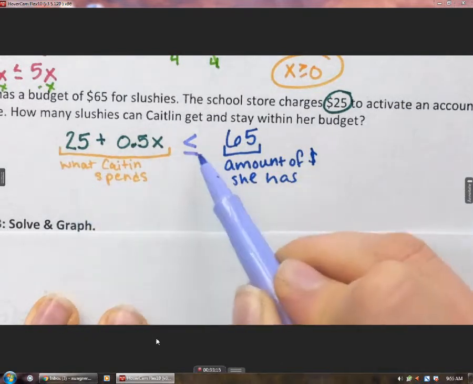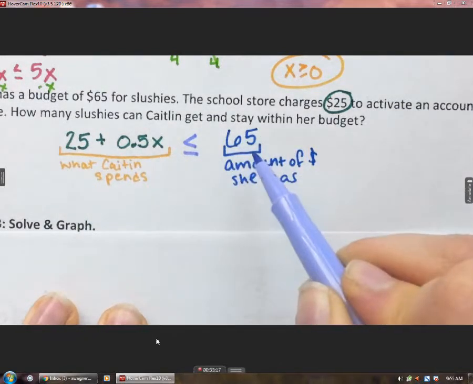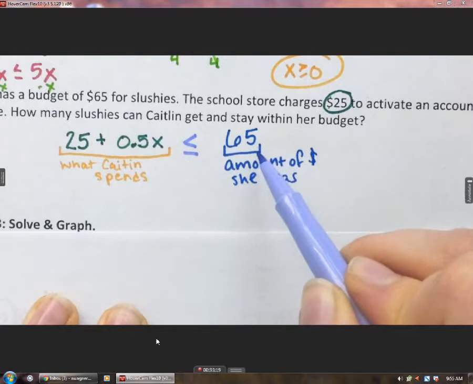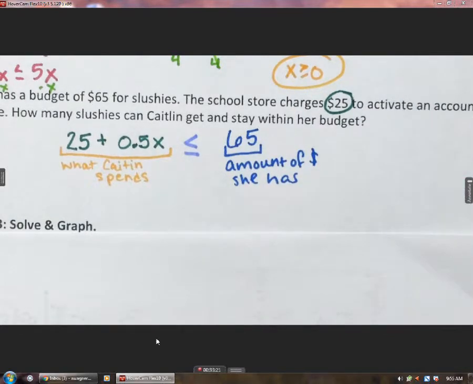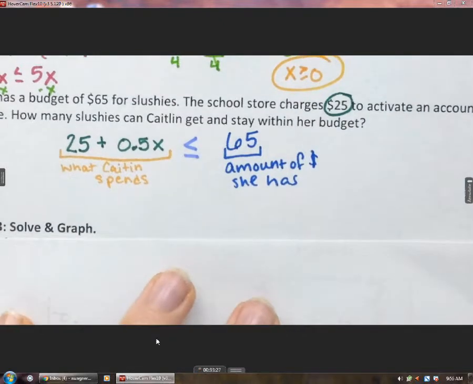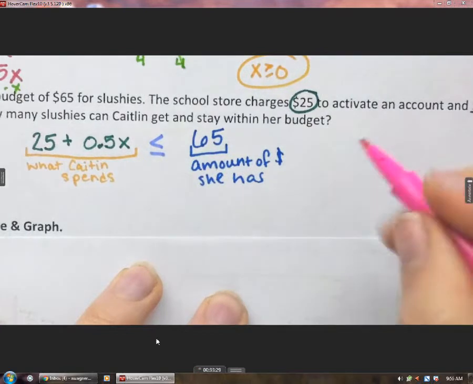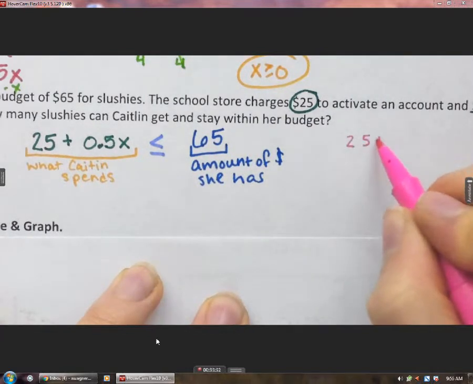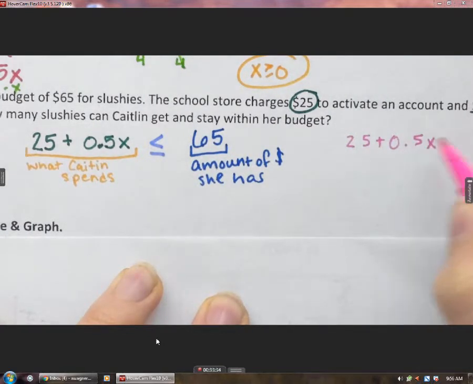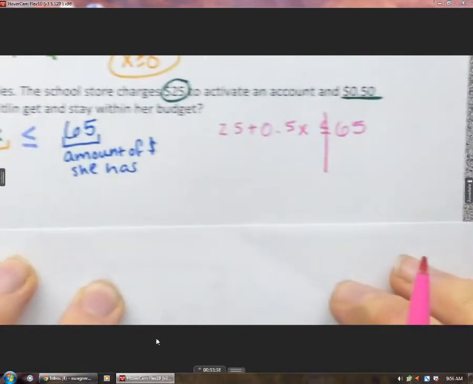Whatever she spends has to be less than or equal to. She can spend all her money. Less than or equal to the 65. So let's solve this out. 25 plus 0.5x is less than or equal to 65. What do I do first?